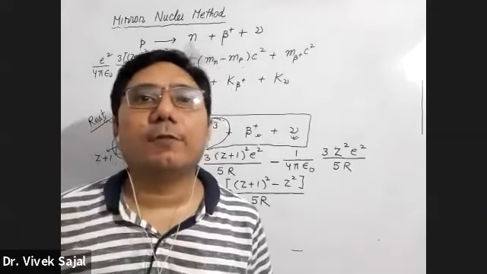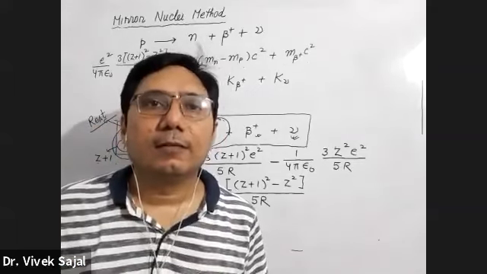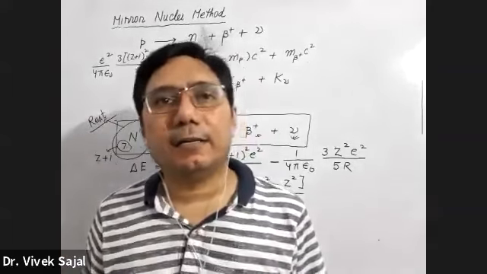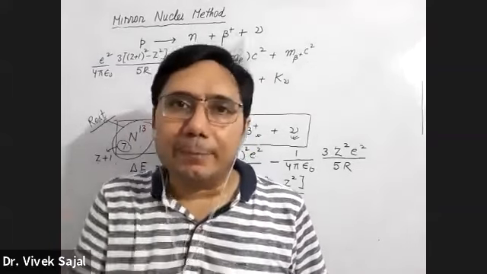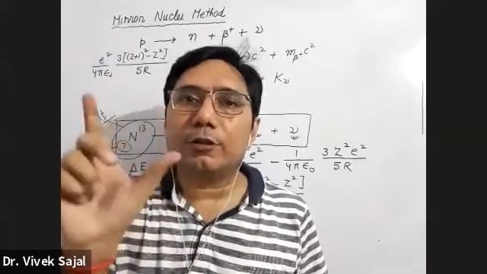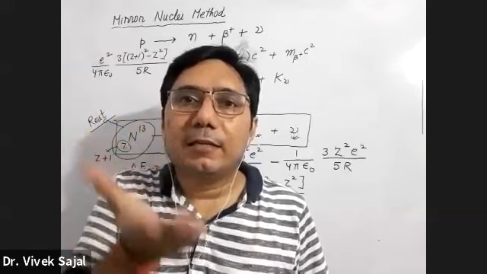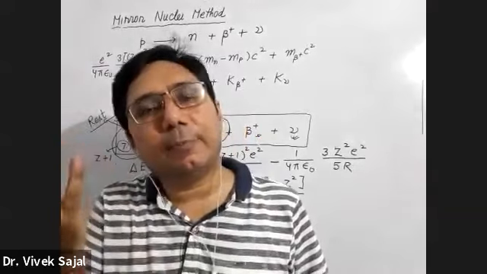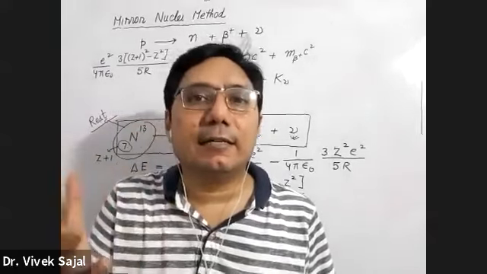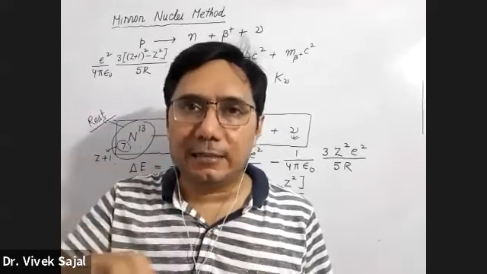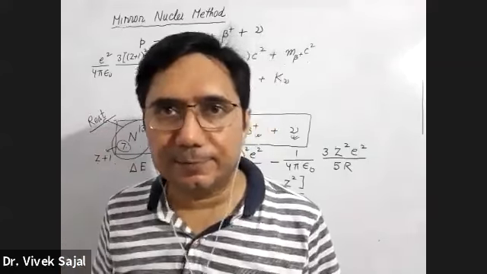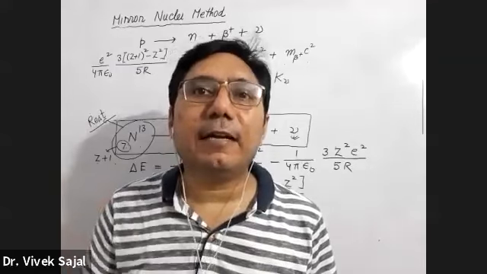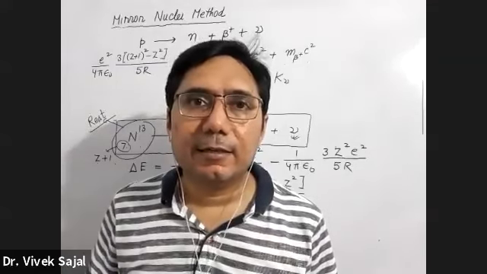There will be a large number of nuclei, and they will start emitting beta plus particles. The first beta particle will come out with some kinetic energy. Then it will emit a second beta particle, which will have a different kinetic energy. The third beta particle will have a different kinetic energy. So different beta particles will have different kinetic energy.